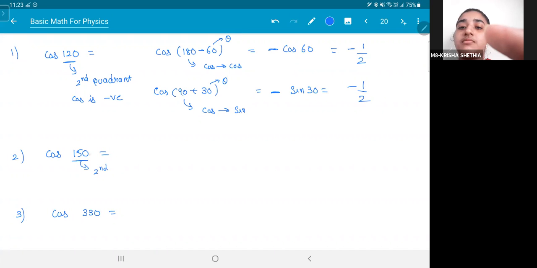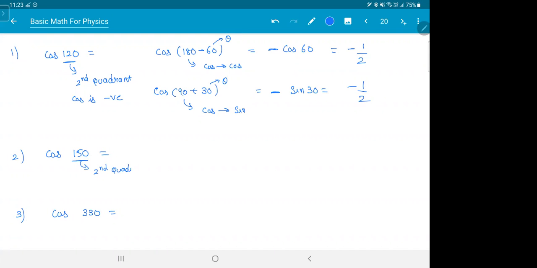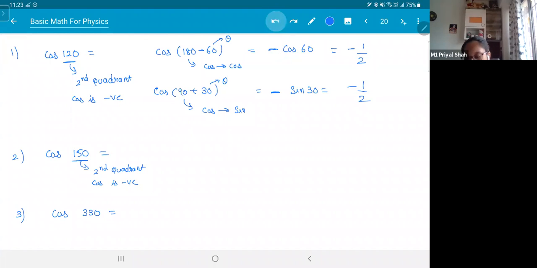Second. In the second quadrant, cos is negative. So the minus sign is decided at the start. So basically you have to decide which sign, which function you get.